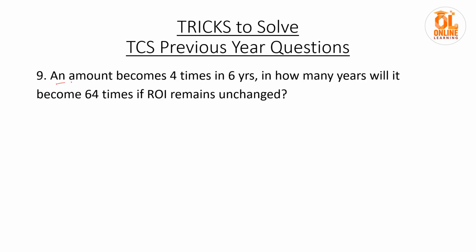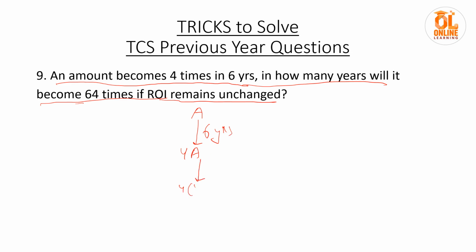Now here it is given an amount becomes 4 times in 6 years. In how many years will it become 64 times if ROI, that is rate of interest, remains unchanged? So let us take amount a, it becomes 4 times in 6 years. So in another 6 years it will again become 4 times.